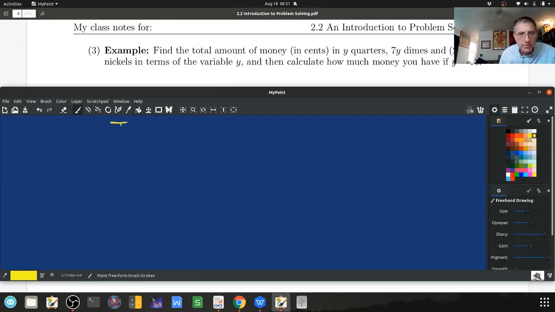So my total is equal to how much money I have in quarters plus dimes plus nickels. But that's not quite it, right? Because my total is going to be in cents.